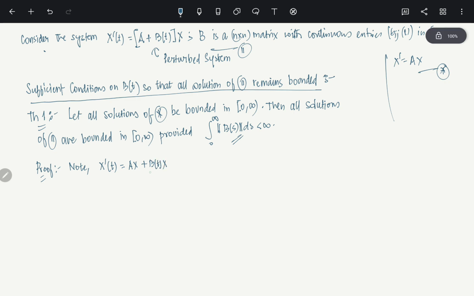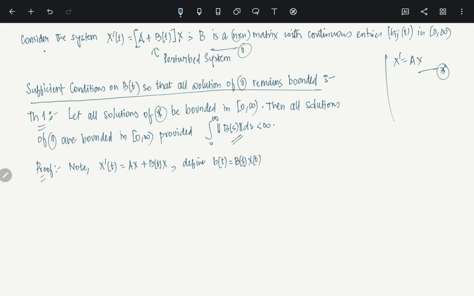Let's call this term small b of t. Define small b of t as capital B(t) times x. See, x is also a function of t, so capital B of t times capital X of t, I will just write as small b of t.